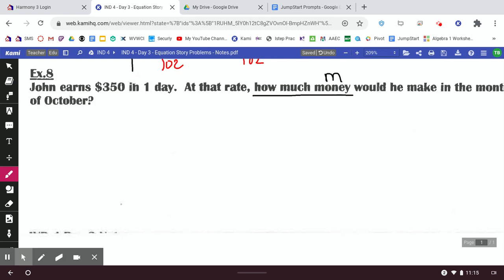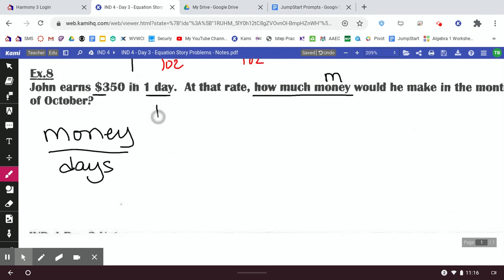So how much money would he make in the month of October? So first, let's set up our base proportion or our base fraction. The 2 things that we have here are what he earns, or his money, and then days. So I'm going to put money over days. Okay, money over days.